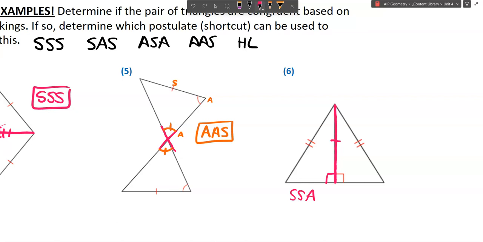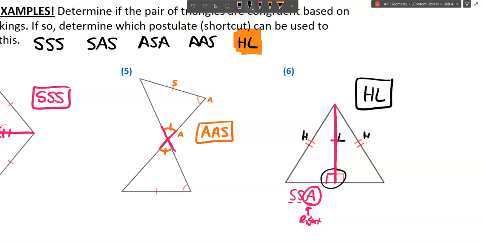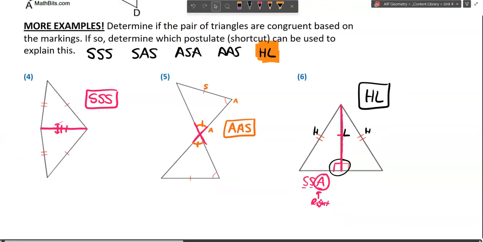Think back to the last video when the donkey came up, that's the reason we're saying that. Side, side, angle, the angle is not sandwiched between the sides, but the fact of the matter is that that angle is a right angle. And what that means is that we can utilize hypotenuse leg. And so in this example, because the hypotenuses are congruent, the legs are congruent, and because it's a right triangle, these are actually going to be congruent by HL.